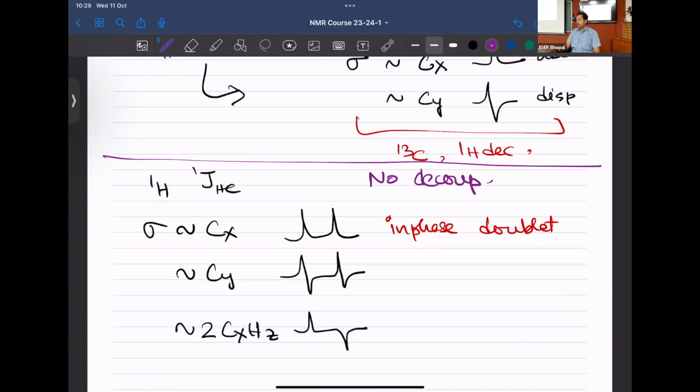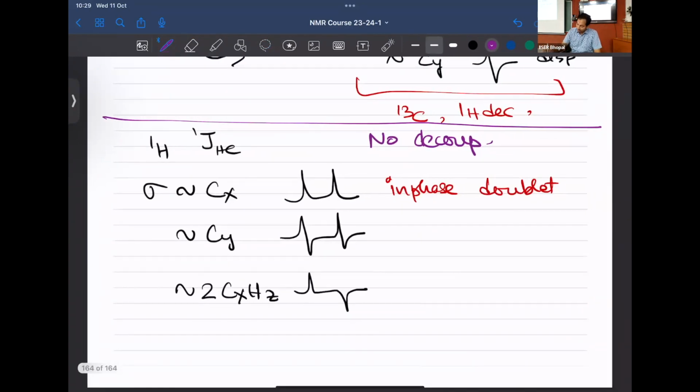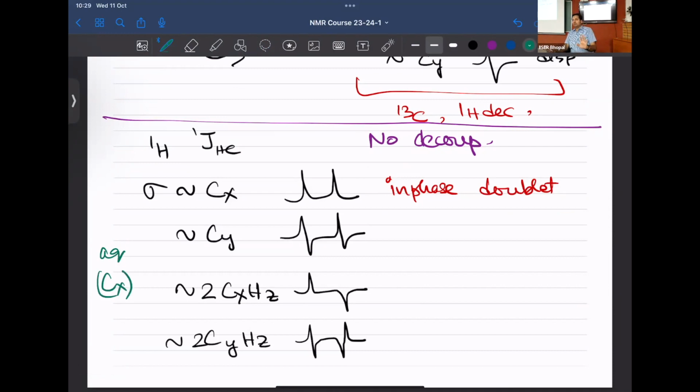Okay. Yeah. And similarly, if you have something like 2CYHZ, I'm assuming acquisition on the X phase. If you change the acquisition on the Y phase, this will become absorptive, this will become dispersive. Okay, that's the only change that's going to happen. And I'm assuming you're acquiring along the X phase.